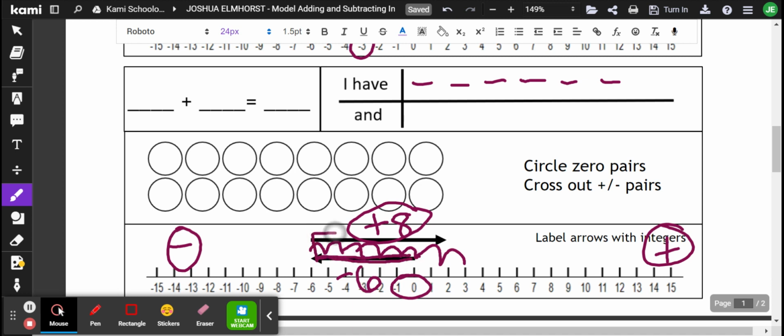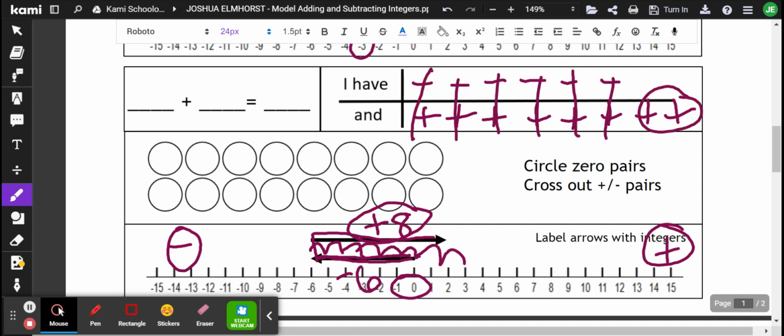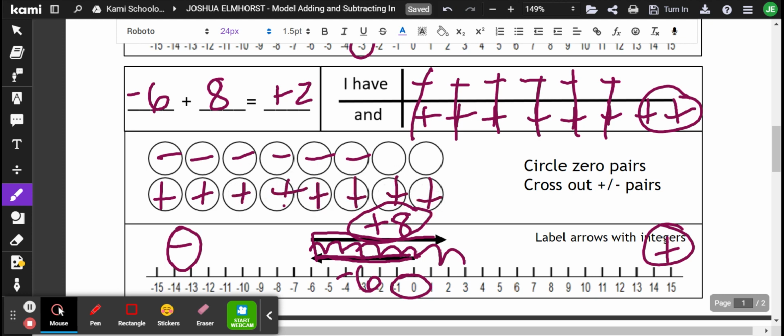First we go left, then we turn around and go right. Cancel, and we're left with 2 positives at the end. Negative 6 plus 8 equals positive 2.